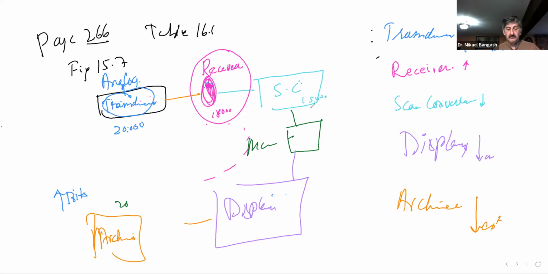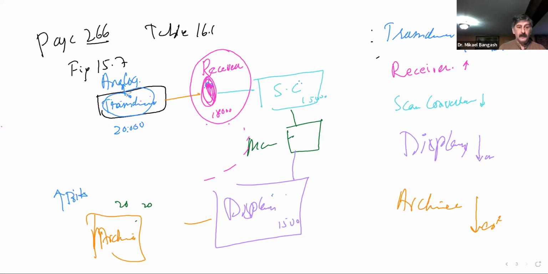And 15,000 may be too much, so the display may only have 1,500 shades. And that's still going to be too much for the archive or data storage, so we say we only store it with 20 shades.